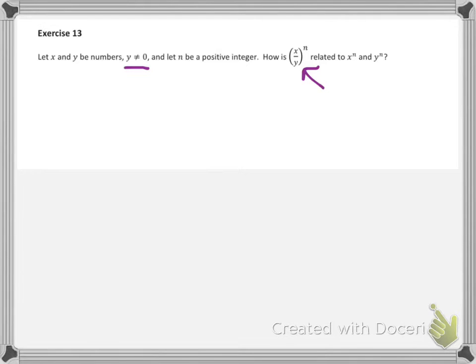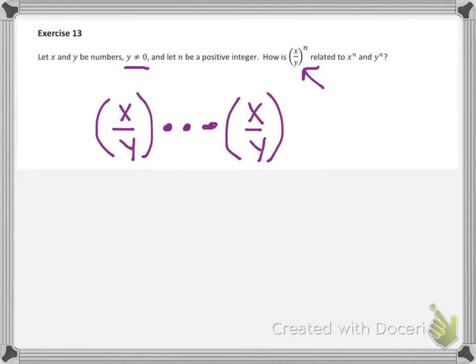Okay, so here's what this really means. What we're saying is we're taking this x over y and we're going to repeatedly multiply that by itself, x over y, and we're going to do that n number of times. So all of this is going to happen n times.